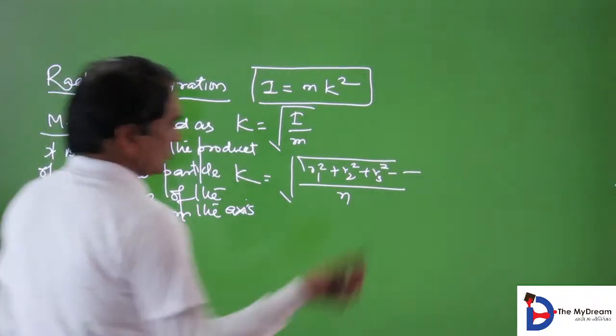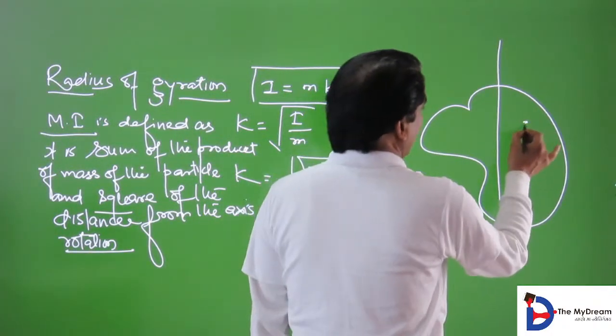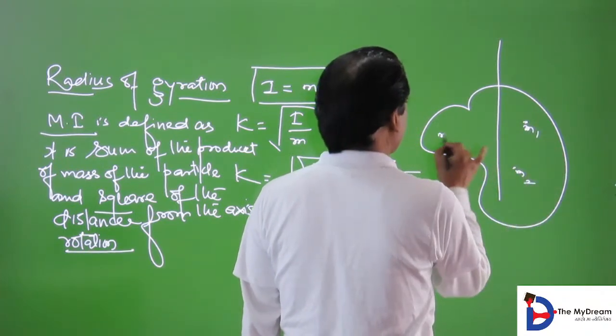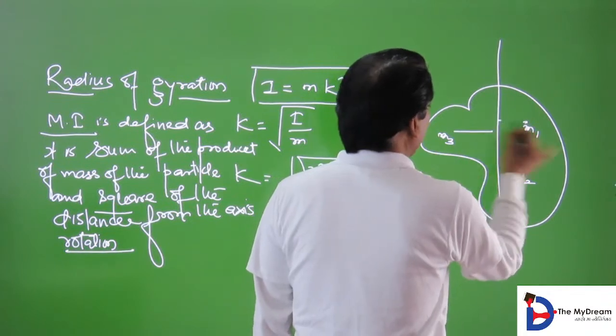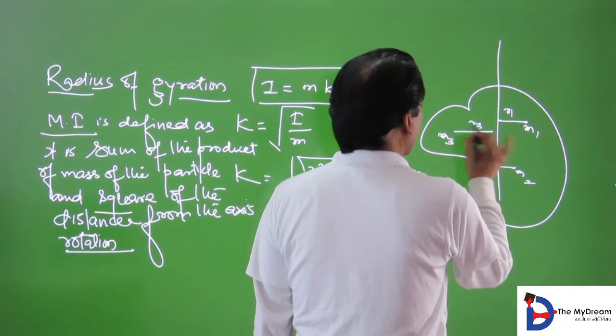Suppose, as you know, this is a particle whose mass is m1, this is m2, say this is m3, and their perpendicular distances from the axis of rotation are r1, r2, r3.